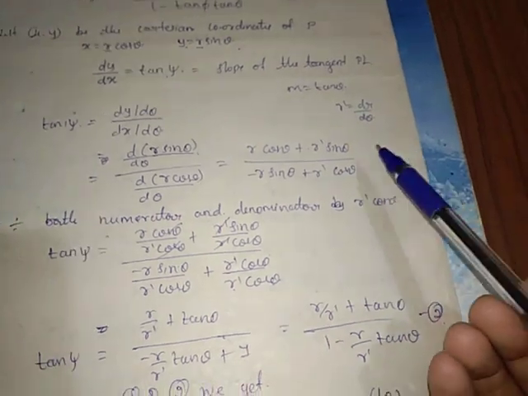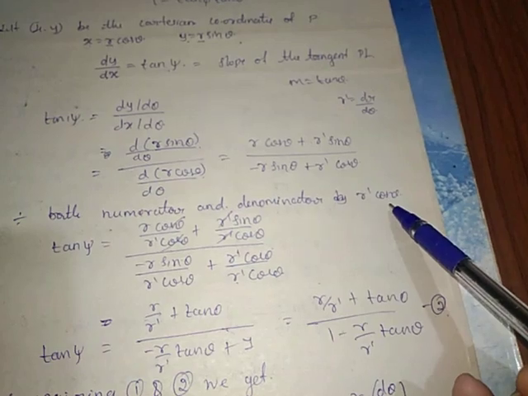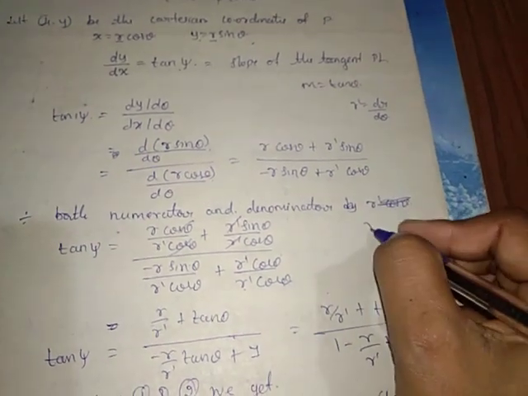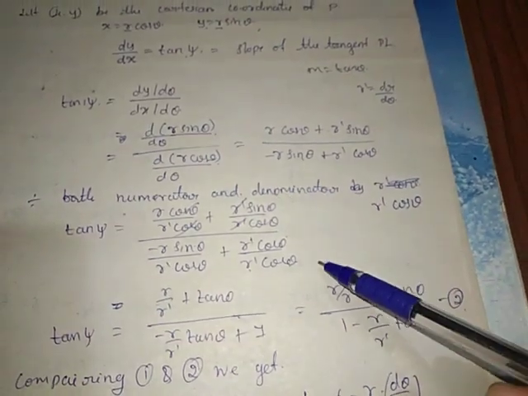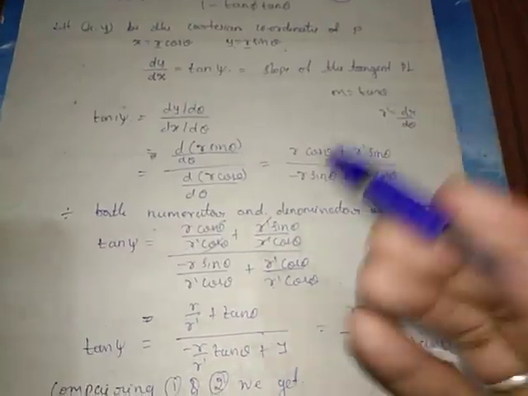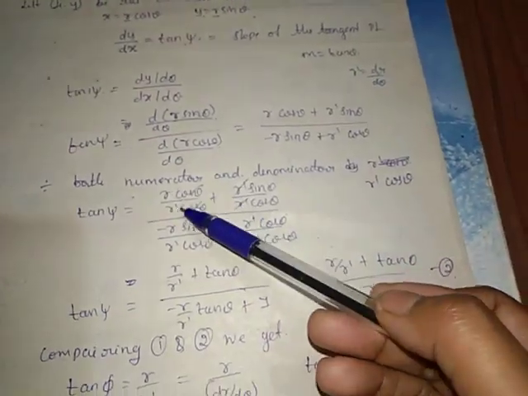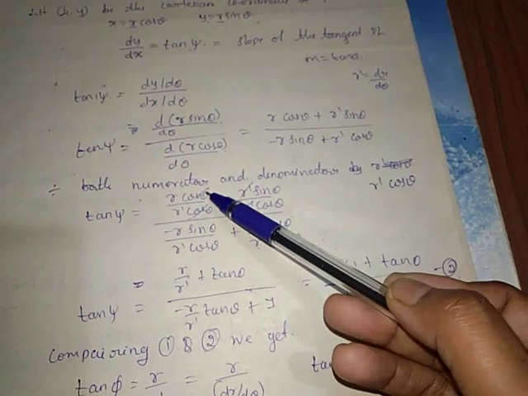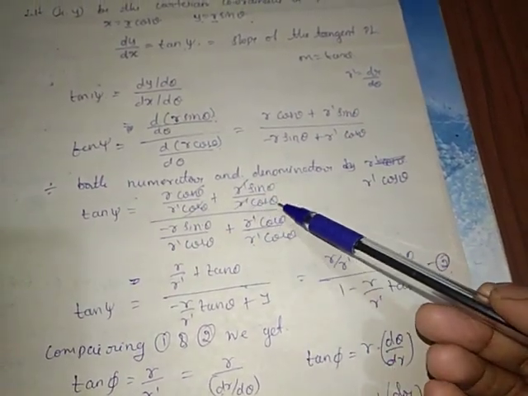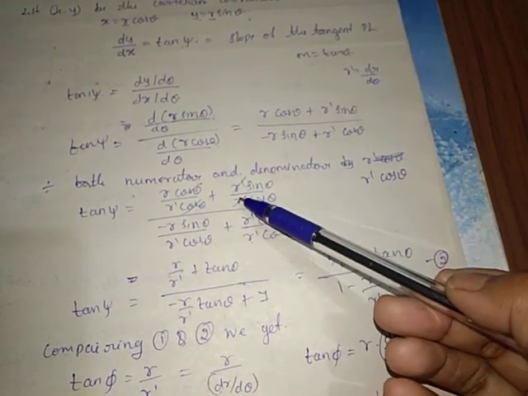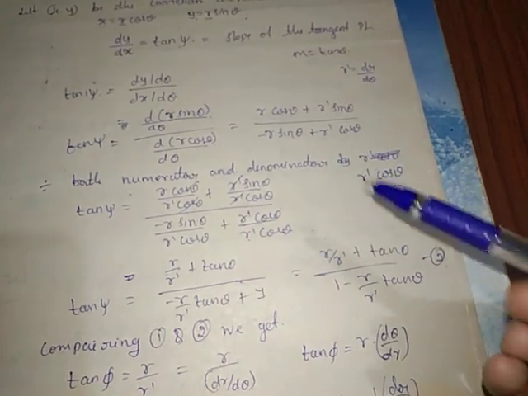Now divide both numerator and denominator of tan xi by r dash cos theta. In the numerator, r cos theta divided by r dash cos theta, cos theta cancelled, gives r by r dash; plus r dash sin theta divided by r dash cos theta, r dash cancelled, sin theta by cos theta equals tan theta.